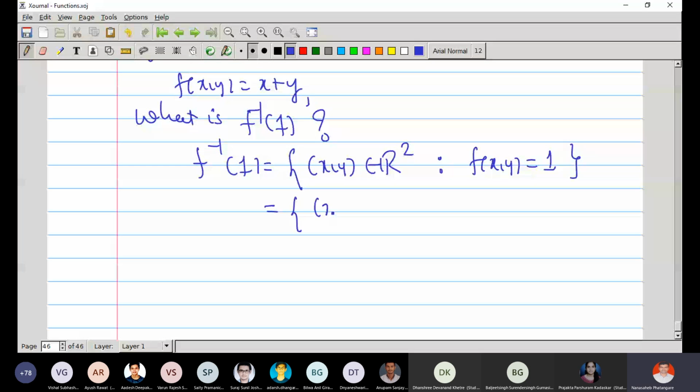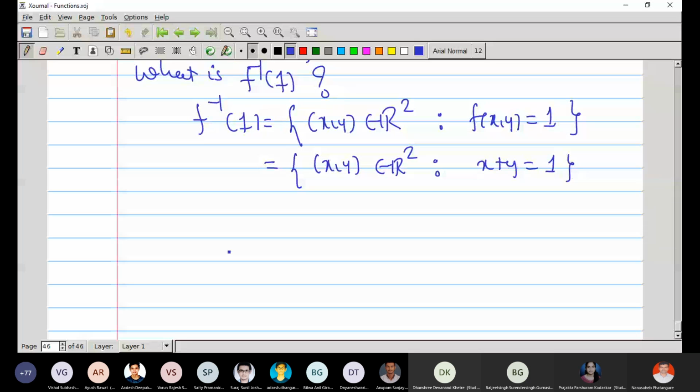So those points xy in R2 such that f of xy is equal to 1. But what is f of xy? x plus y is 1. Now you have a clear picture of what the inverse image is.